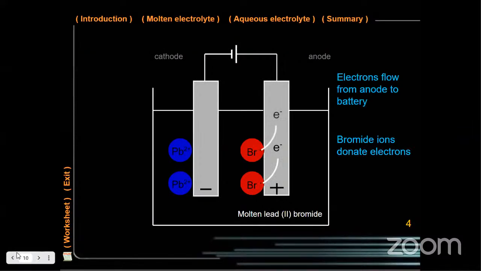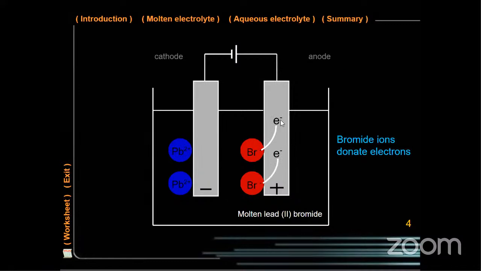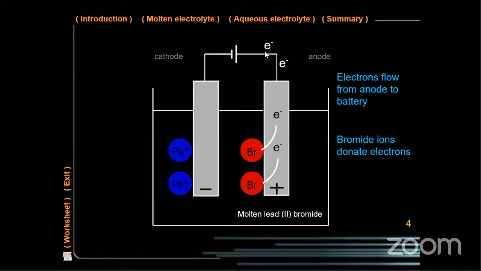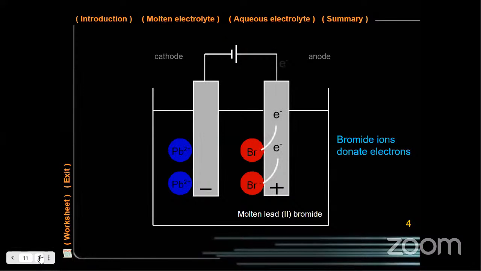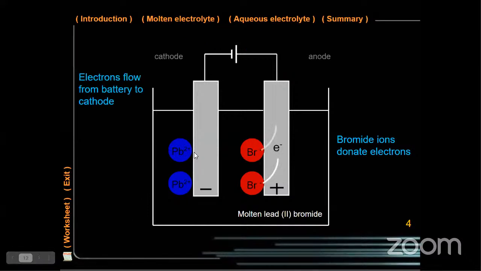So the bromide ions give up electrons to the anode. The electrons are going to travel around the circuit to the cathode. Around she goes to the cathode.